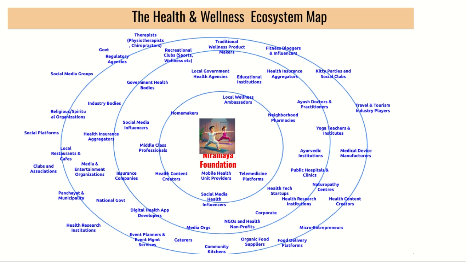So now they are looking for other entities within the ecosystem that could complement, that could come and partner with Niramaya, and together they can actually reach more people like Arjun and Neha, and perhaps even give them much more transformative experiences which lead to substantial increase in customer satisfaction.